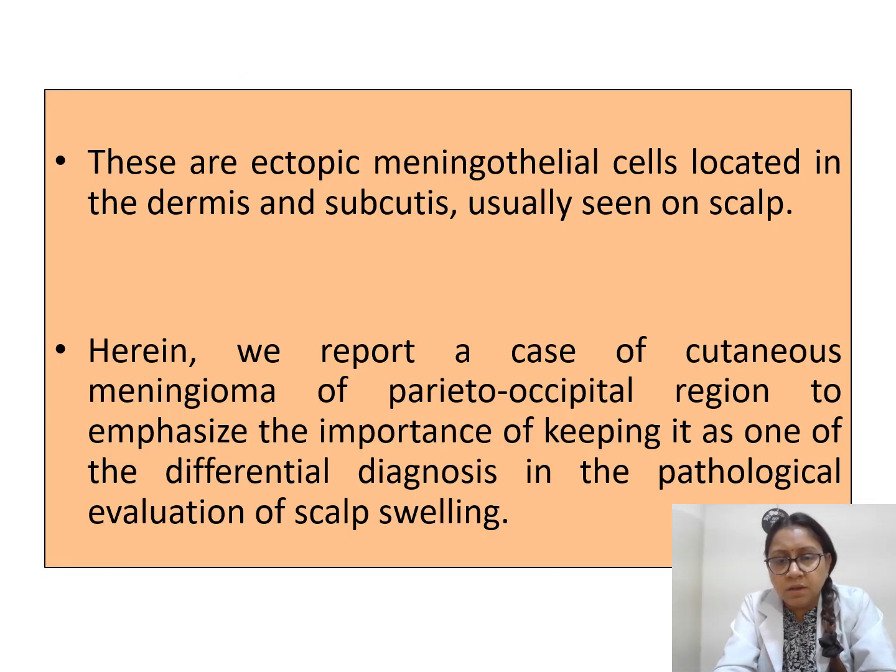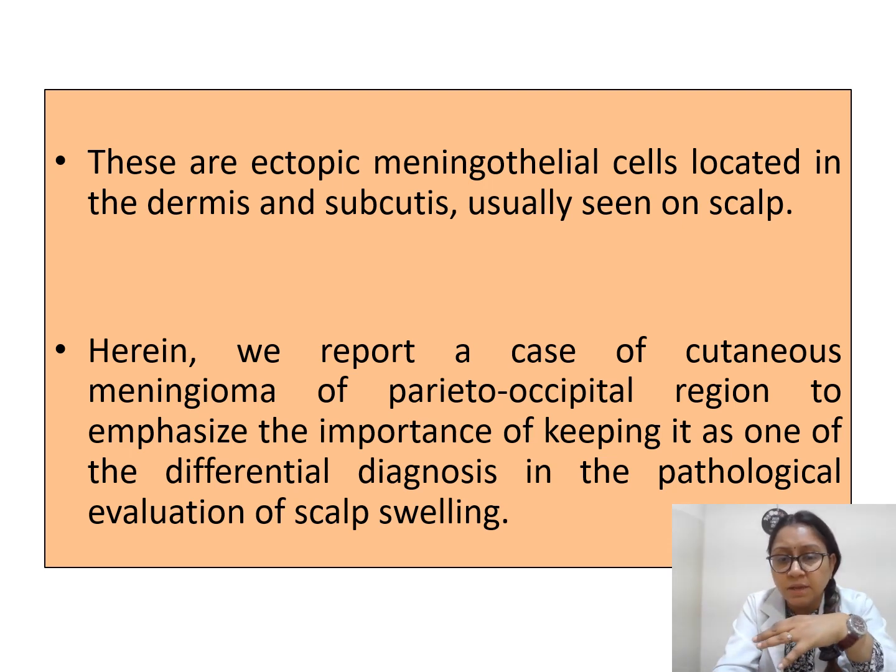So these are ectopic meningothelial cells. Meningothelial cells are in the meninges, and meningioma normally occurs intracranial, intraspinal, but this is ectopic. Dermis, cutis, usually on the scalp. Okay? So this case of ours was reported as cutaneous meningioma of the parieto-occipital region.